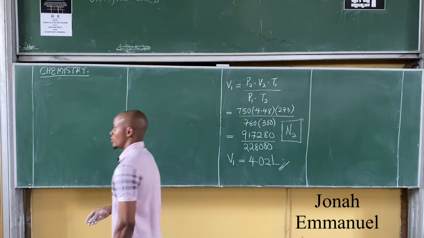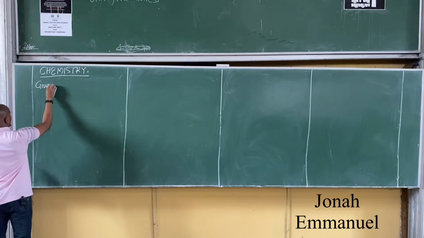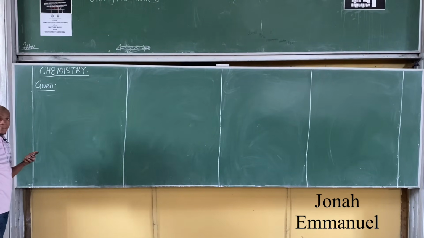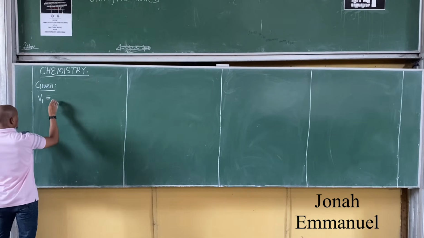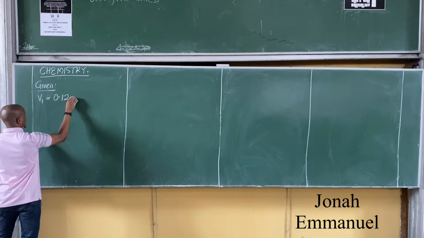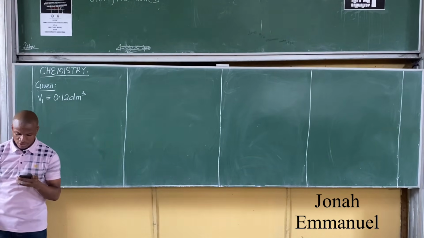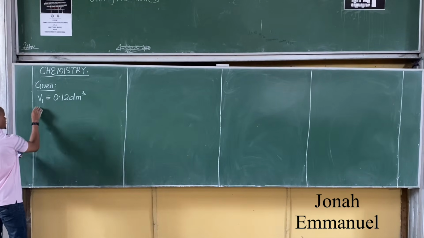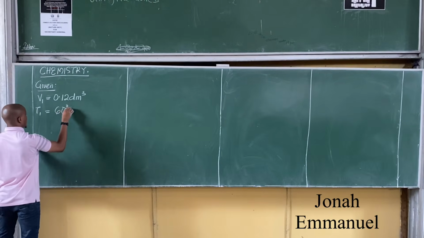So help me please get our answers. Given, what do you have there? V1 is equal to what? 0.12 dm cubed. What else do you have there? T1 is equal to what there? 60 degrees Celsius.